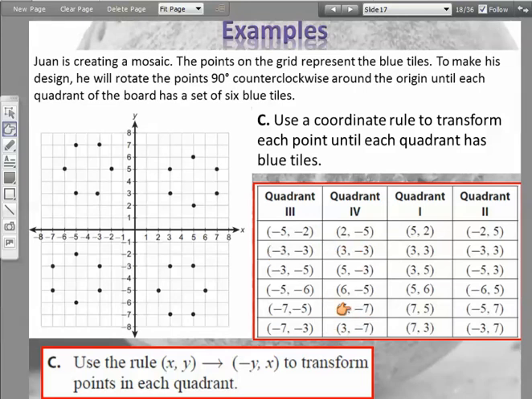Anyway, it goes all the way down there like that. So here he is in quadrant 4. He's got to take it 90 degrees counterclockwise, and it'll end up in quadrant 1. So he took these points and flipped them and made y the opposite, and then did the same thing for quadrant 2. It's kind of interesting.